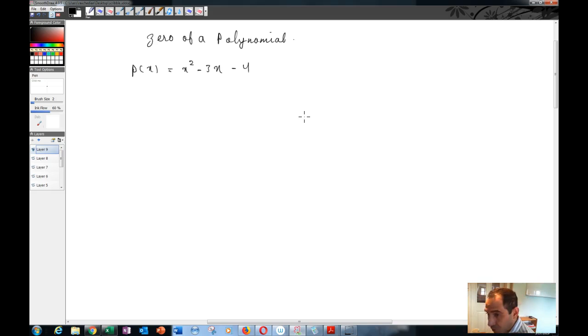Let's see how this polynomial is doing at x is equal to -1 and x is equal to positive 4.